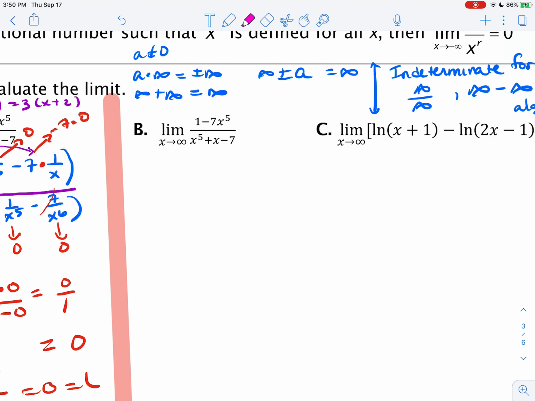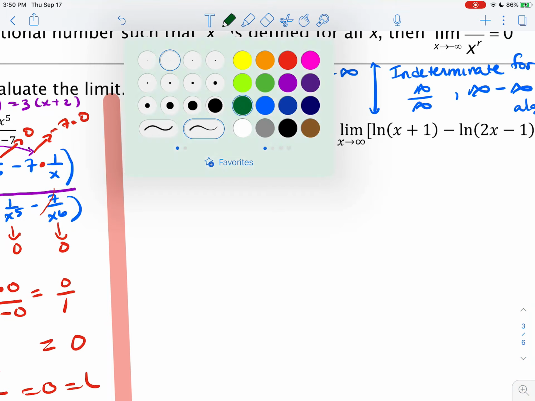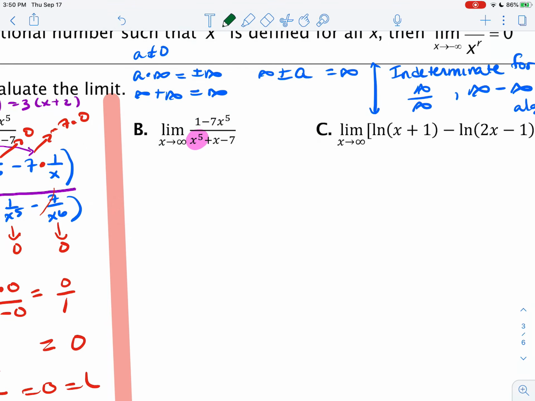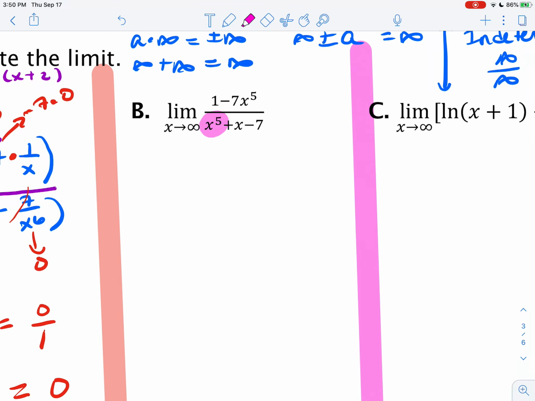Okay. Same idea here. I see that x to the fifth is my highest exponent in the entire expression, and I'm going to calculate my limit as x goes to infinity. I'm going to factor out the x to the fifth.